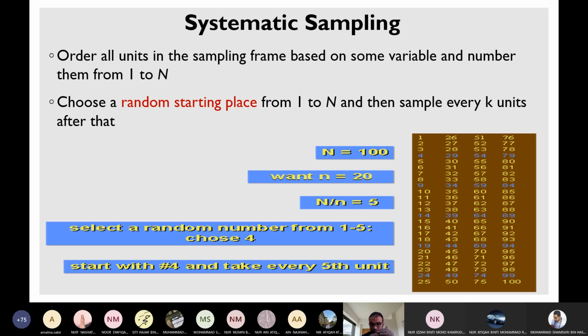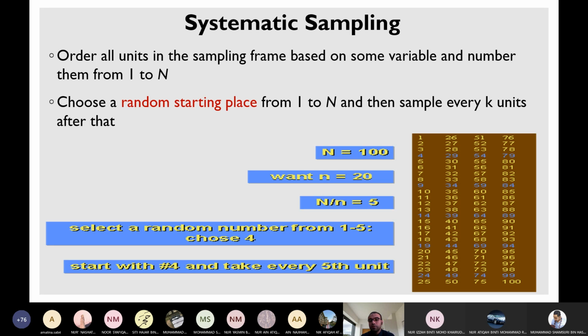Because we take every fixed unit, right? The random here is where to start. According to the population size and the sample size, N divided by small n gives you the interval, that is, every how many units you have to sample.